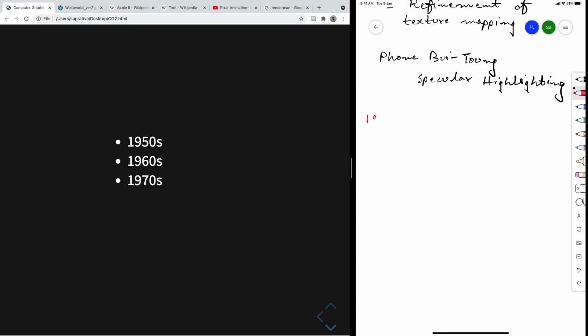Then in the year 1975, Martin Newell developed the famous computer graphics teapot using Bezier patches.